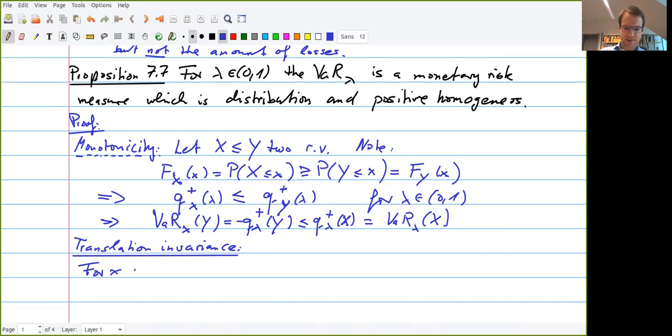So we take an x, and this is the cash we want to add. So if we consider the VaR at level lambda of the random variable X plus little x, our cash position, we want to show that this is the same as the value at risk of X and then plus little x.